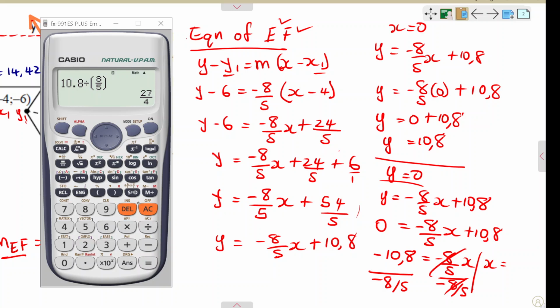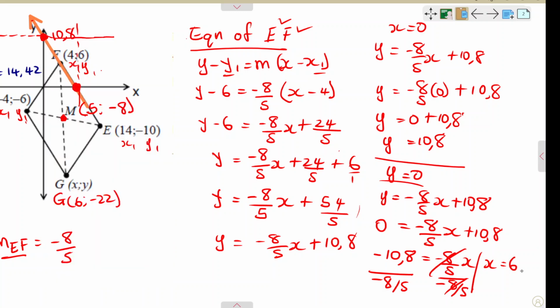The x coordinate is going to be equal to 6,75. Yeah, so that means this x coordinate is 6,75. So this graph is cutting the x-axis at 6,75 and cutting the y-axis at 10,8.